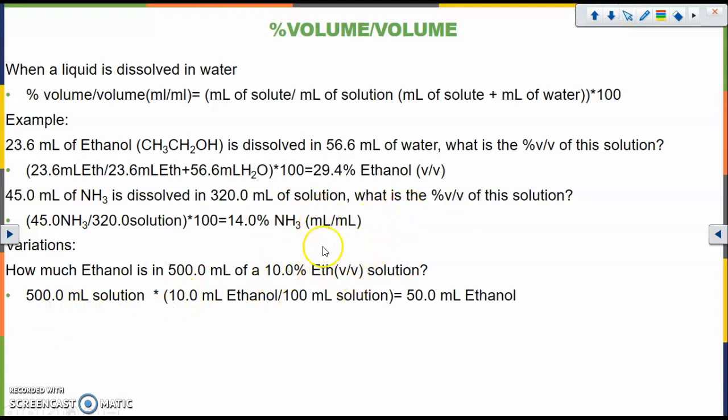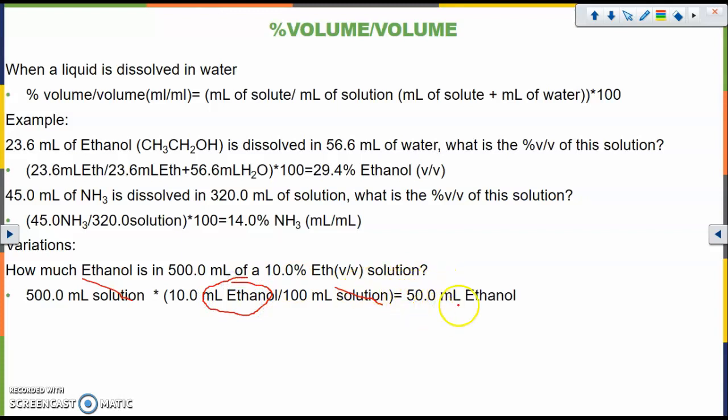10% means 10 over 100. If this was 5%, it would be 5 over 100. So this is the total solution. So what you do is a dimensional analysis problem. And what you're trying to do is you're trying to get rid of, in this case, the solution. And guess what happens if you go 500 mils solution times 10 mils ethanol divided by 100 mils of solution, the solutions cancel, and the unit that you're left with at the end is actually mils of ethanol.